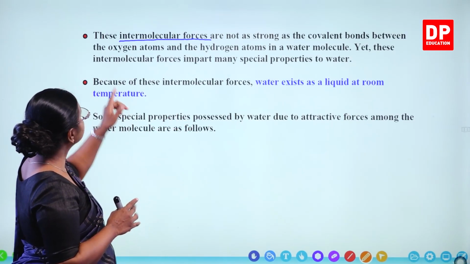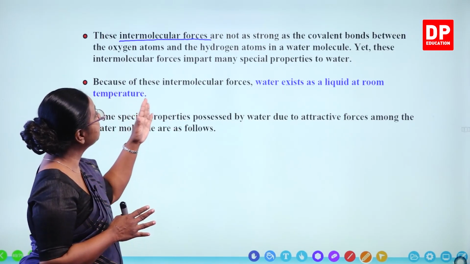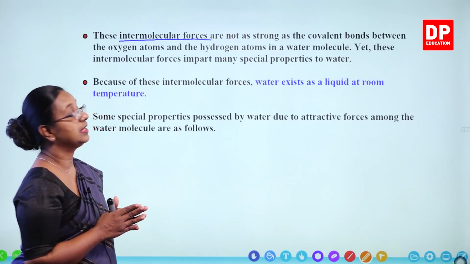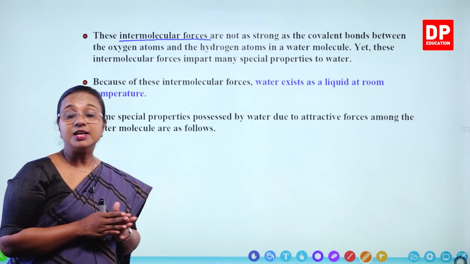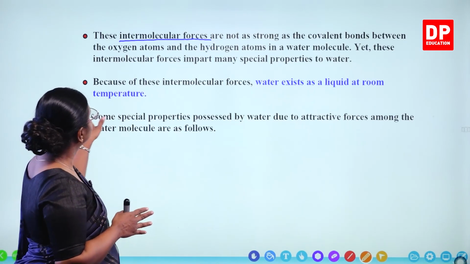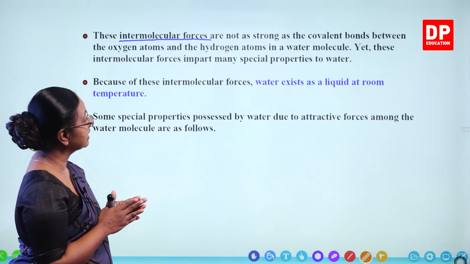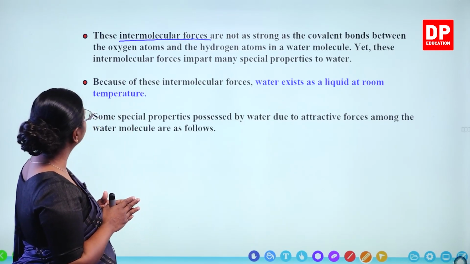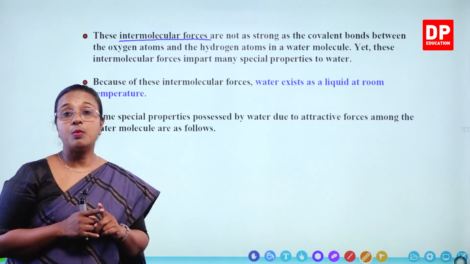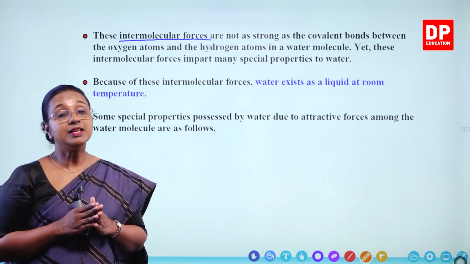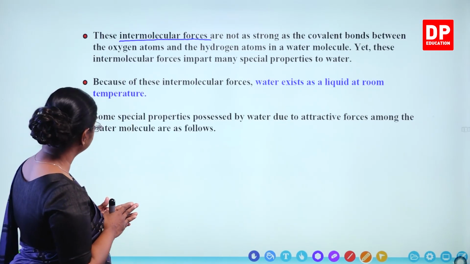Yet, these intermolecular forces impart many special properties to water. That is what I told you before. Because of these intermolecular forces, water exists as a liquid at room temperature. That is one.